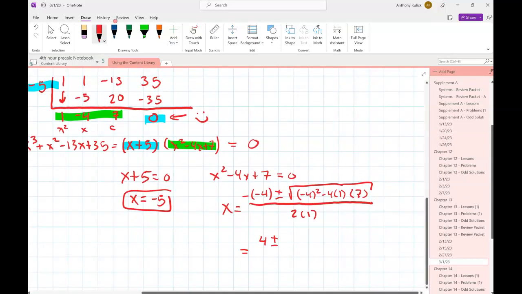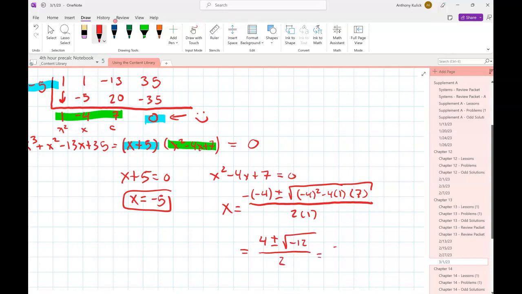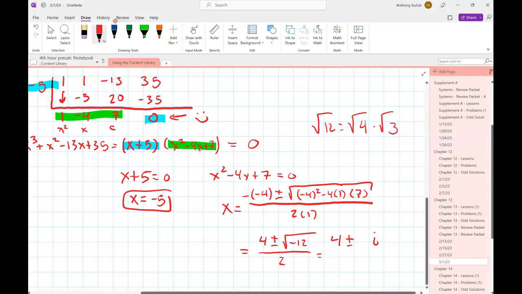See, 4 squared is 16, and 4 times 7 is 28. 16 minus 28 is negative 12. Okay, so if I square root a negative, what am I going to get? An i, right? And then how do I simplify the square root of 12? I think about 12 as 4 times 3, and the square root of 4 is 2.